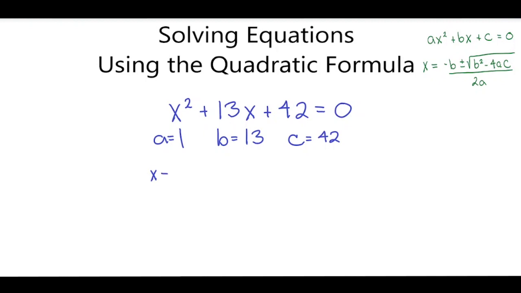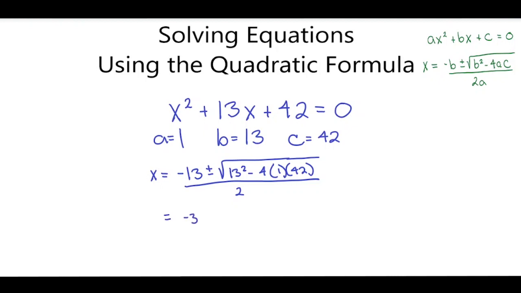So x is equal to negative b, so that'll be negative 13, plus or minus the square root of b squared, so that'll be 13 squared, minus 4 times a times c, all over 2 times a, which is just 2, because a is 1. So we'll simplify.